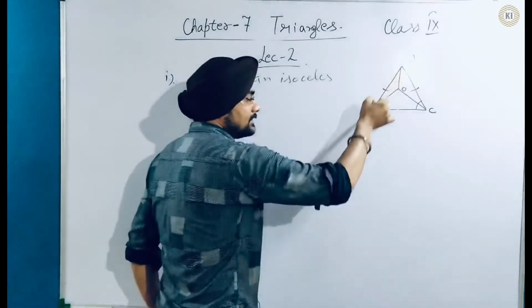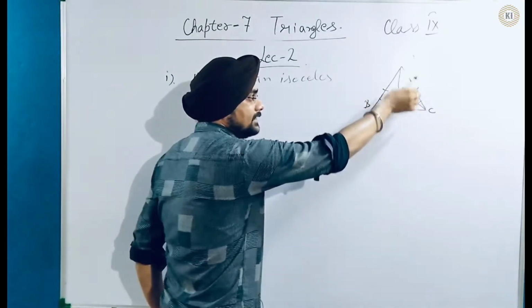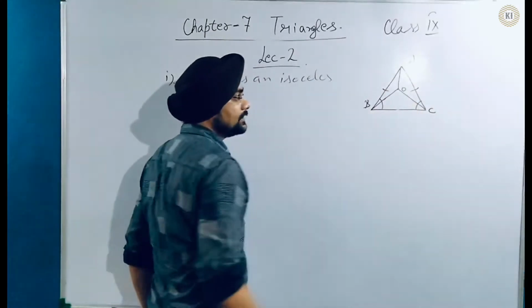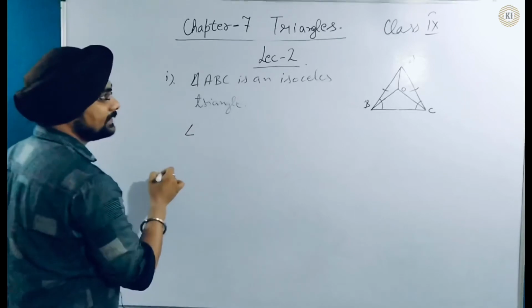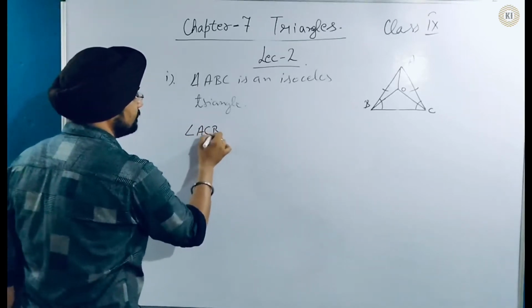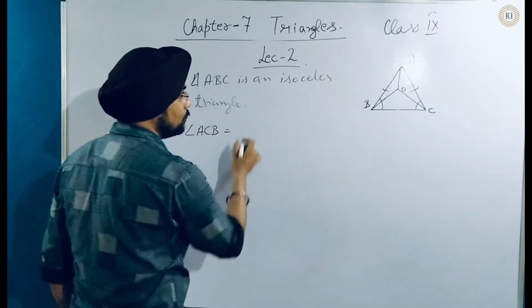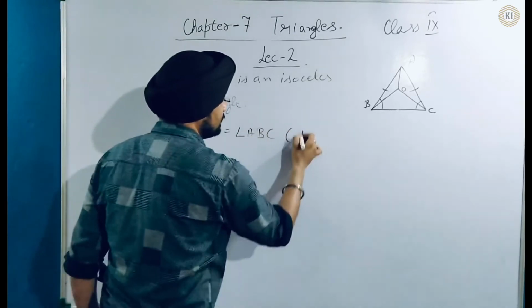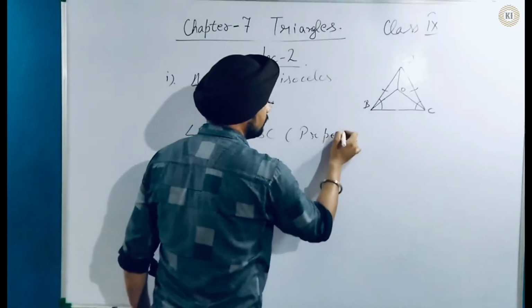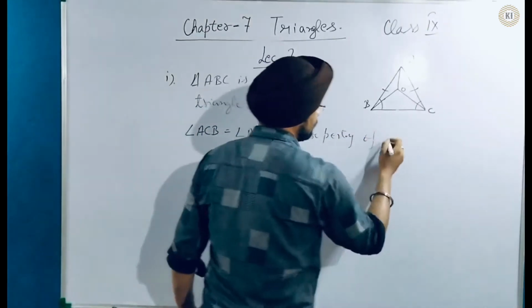AB is the side, the opposite angle is angle C; AC is the side, the opposite angle is angle B. So here we can write angle ACB will be equal to angle ABC. This is the property of isosceles triangle.